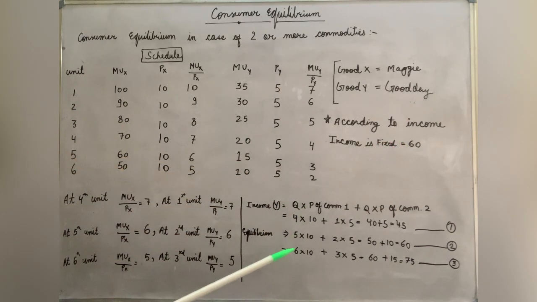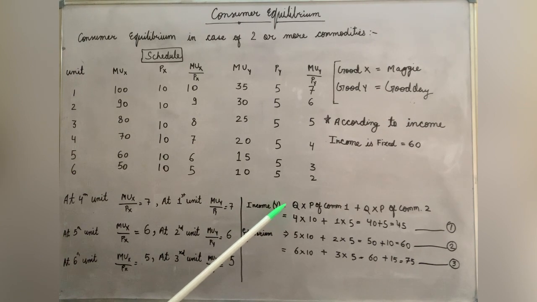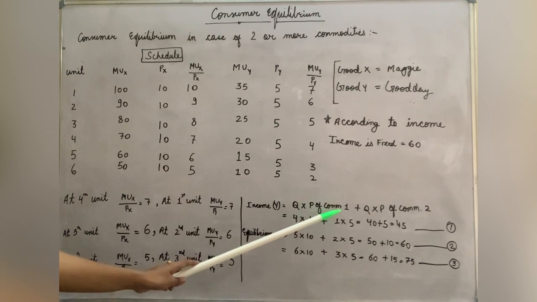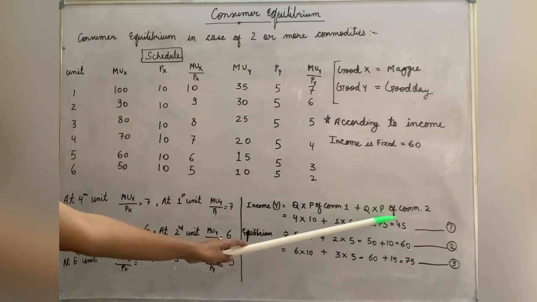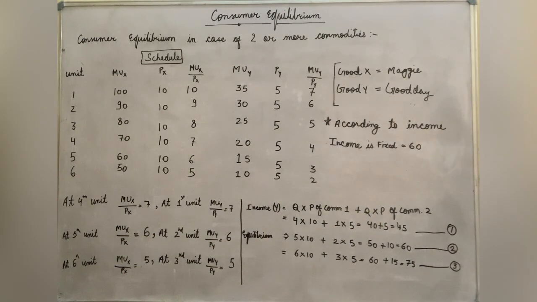So what is the formula of income? It is equal to quantity into price of commodity 1 plus quantity into price of commodity 2. As our income is fixed and we are spending on these two goods, we have to consume our income fully.